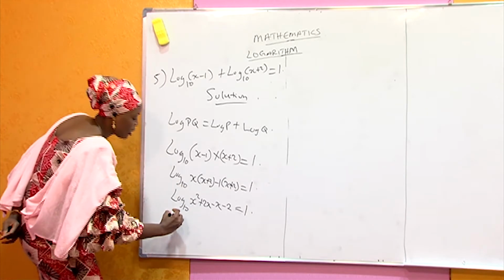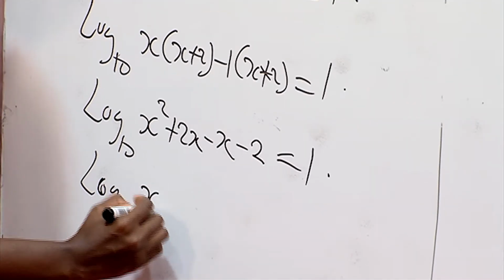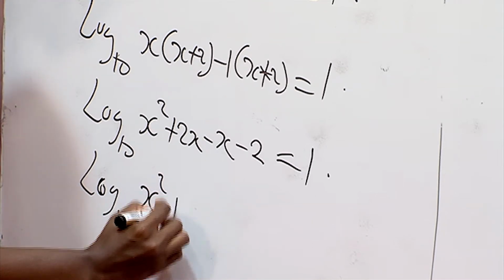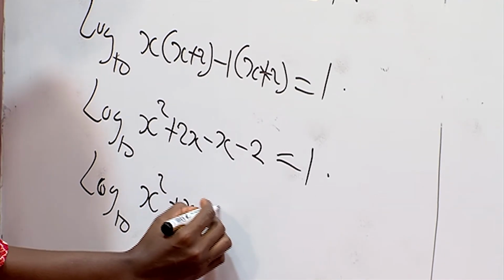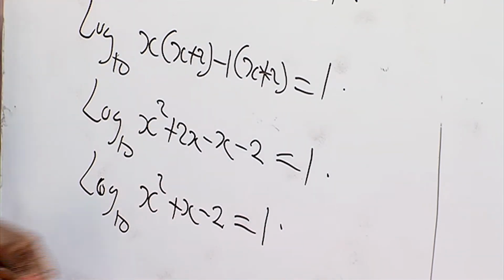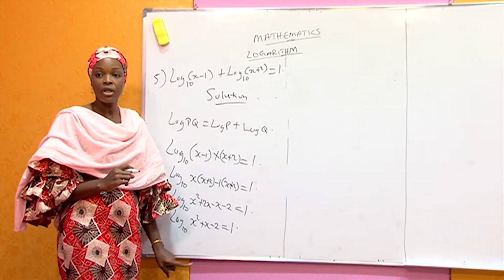Simplifying further, we have log base 10 of x squared plus 2x minus x, which gives plus x, minus 2, all equals 1.